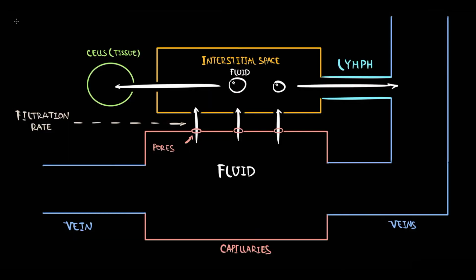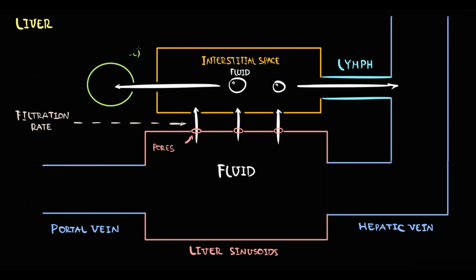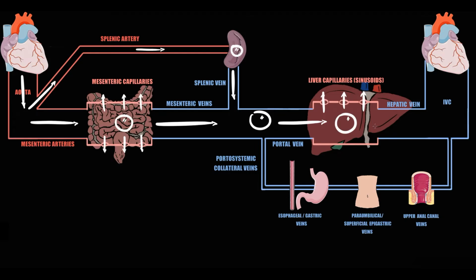The principle is the same. The difference is that in liver tissue, the vessel that delivers blood to capillaries is the portal vein, liver capillaries are also called sinusoids, the vessel that provides outflow of blood from capillaries is the hepatic vein, and cells that compose liver tissue are called hepatocytes. After fluid exchange in capillaries, blood goes to the hepatic vein, and from the hepatic vein, blood is drained to the inferior vena cava.